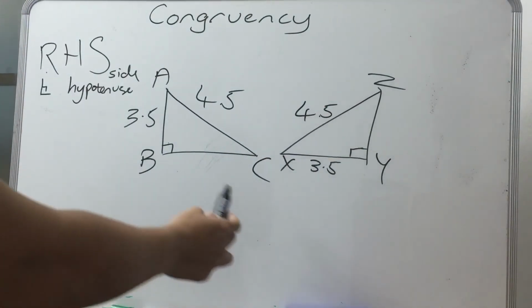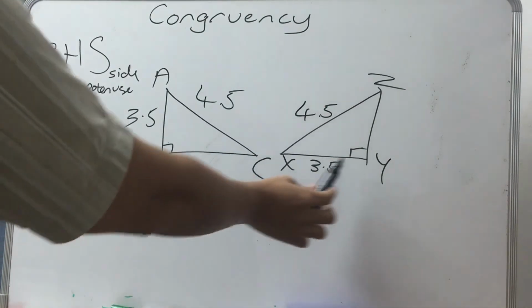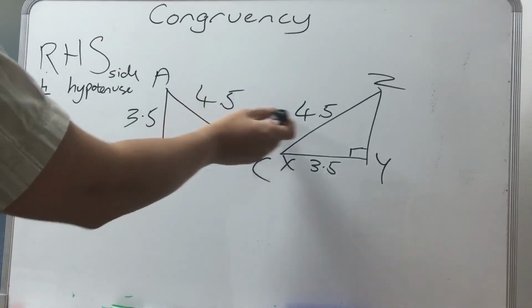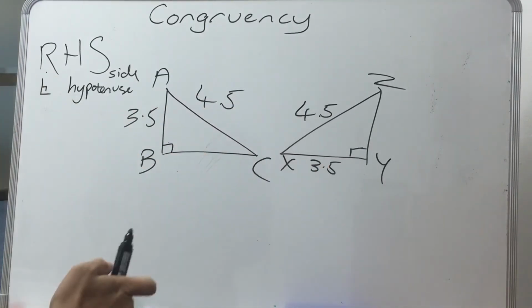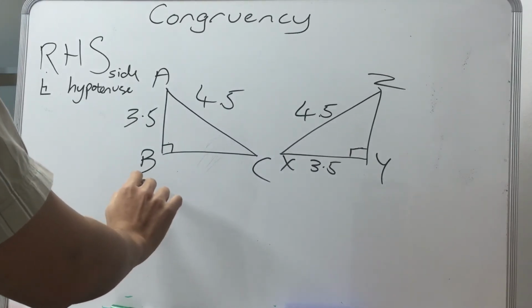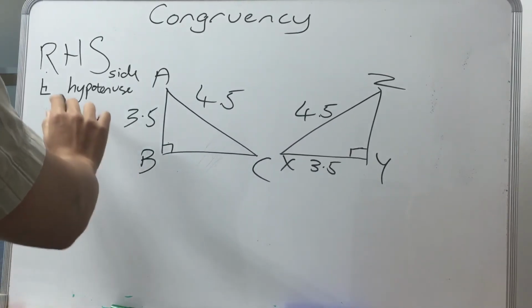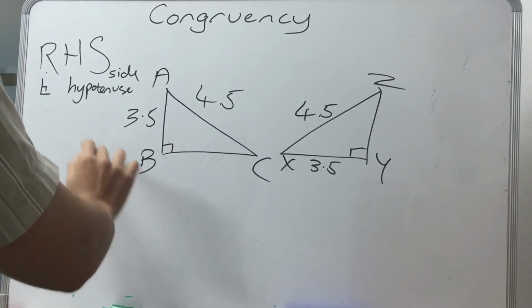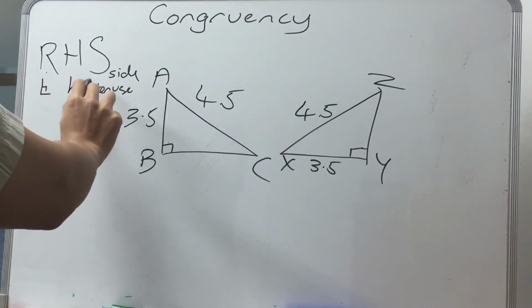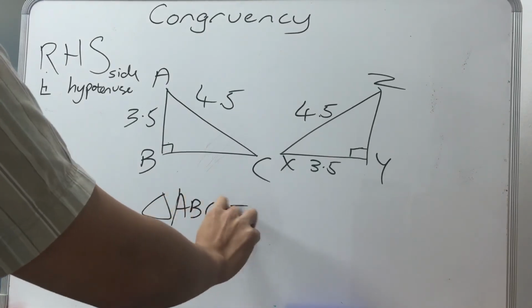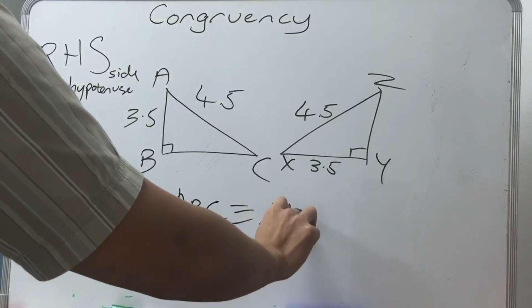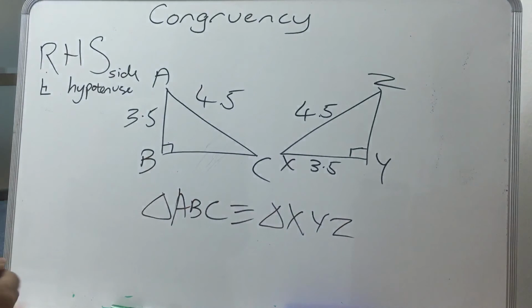Alright, so this has a right angle, the hypotenuse are the same, and they have one side equal to each other too. So by the RHS rule, the right angle, hypotenuse and side rule, triangle ABC is congruent to triangle XYZ.